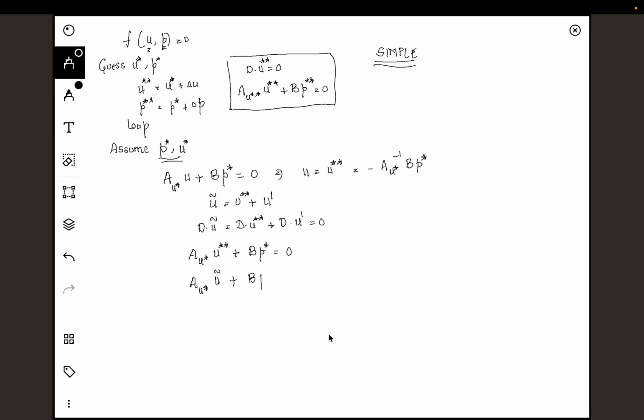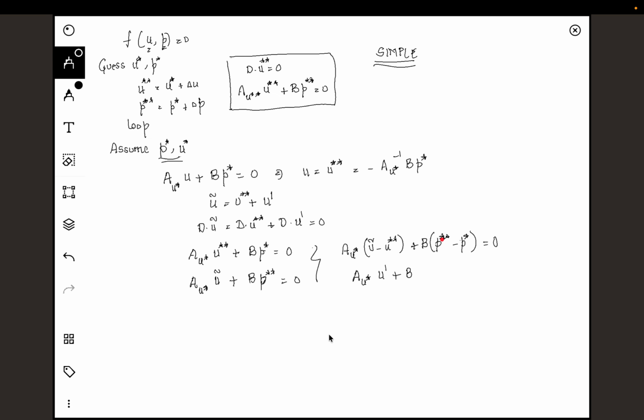The pressure will change, so the new pressure p double star, and I can take the difference of these two equations, and just like this difference I'm calling u prime.